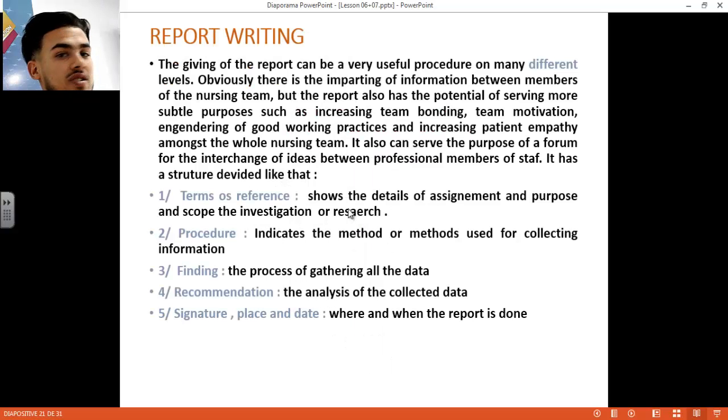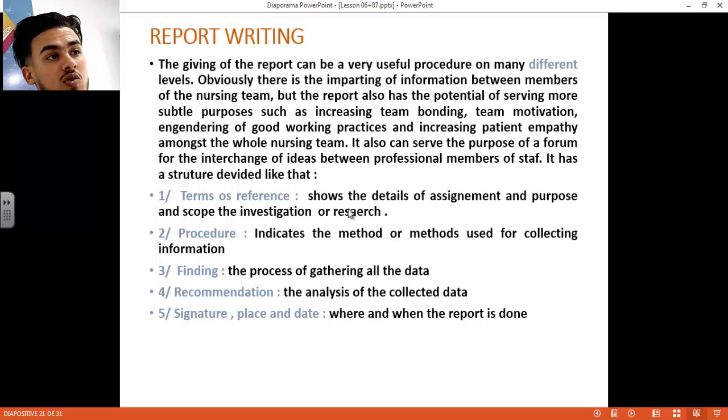The next element will be report writing. What is report writing and how can it help us? The giving of the report can be a very useful procedure on many different levels. Obviously, there is the imparting of information between members of the nursing team.